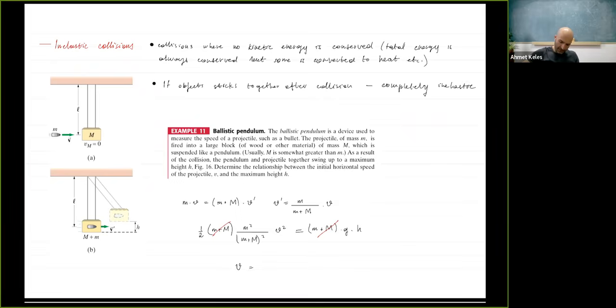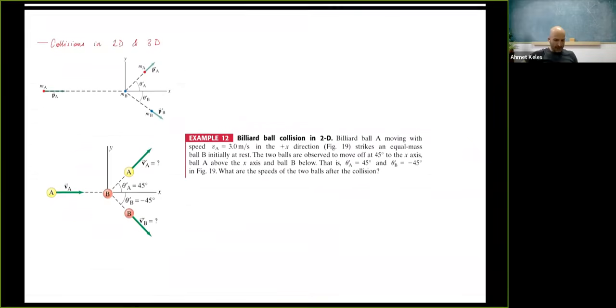V is equal to the square root of 2 times g times h, and multiply this whole thing with m plus m divided by m. Okay, maybe it's a little bit more natural to write the factor in front this way. Any questions? So let's move on.